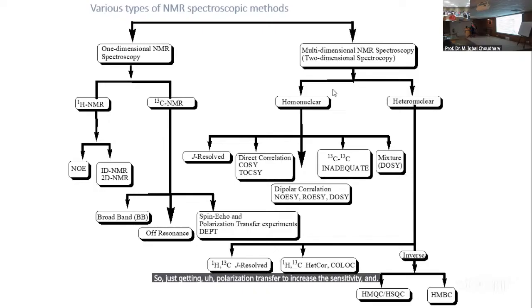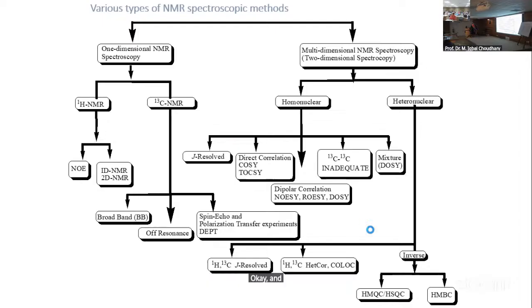And there are two types of multi-dimensional NMR, homonuclear and heteronuclear. Homonuclear, you observe proton-proton or carbon-carbon, and heteronuclear, proton-carbon, proton-nitrogen, they are different. So homonuclear, you have J-resolved, COSY, TOCSY, INADEQUATE, and DOSY, and ROESY, NOESY.